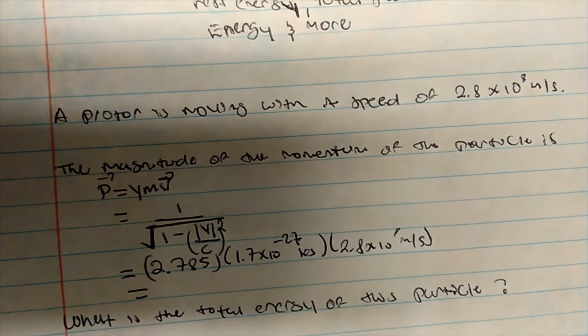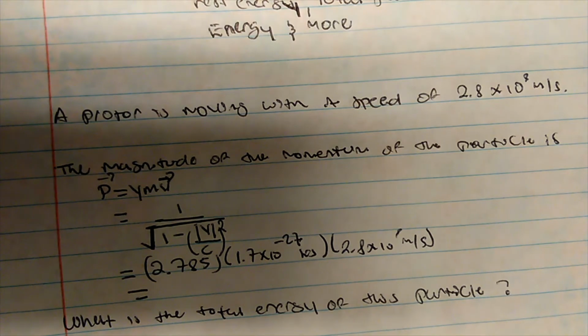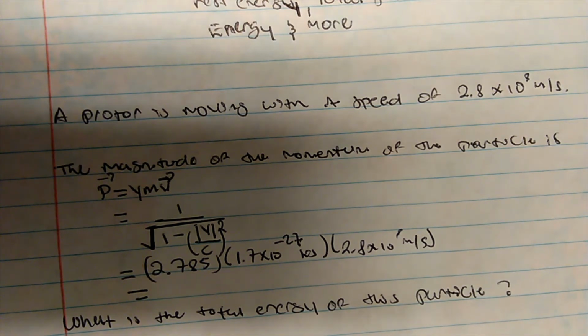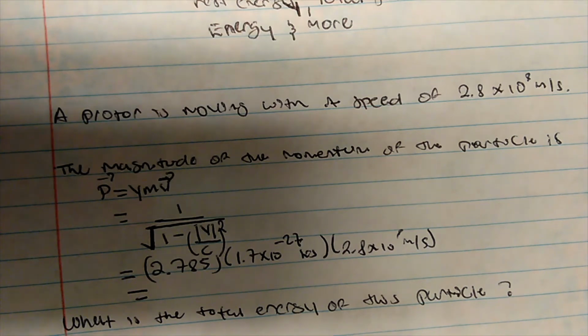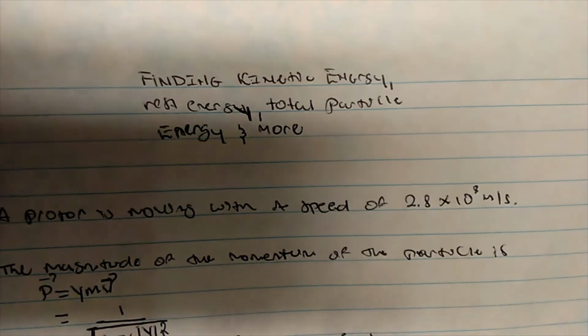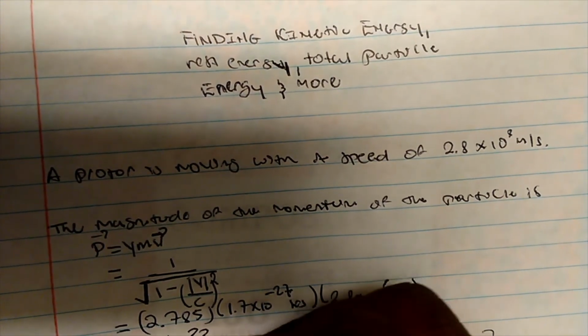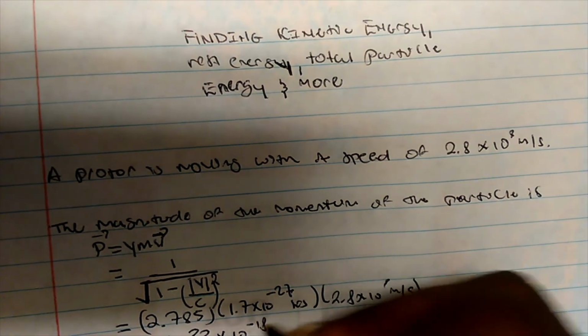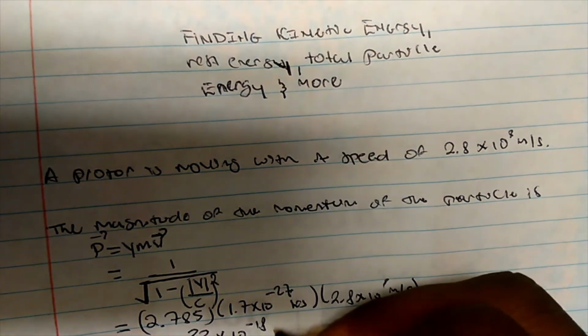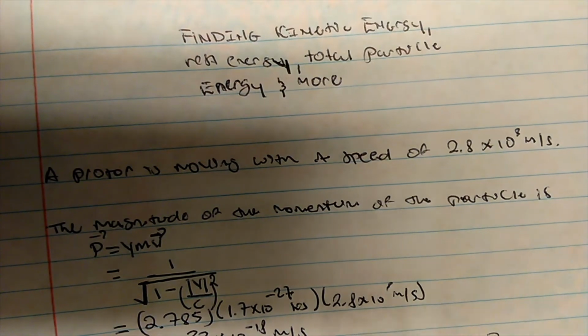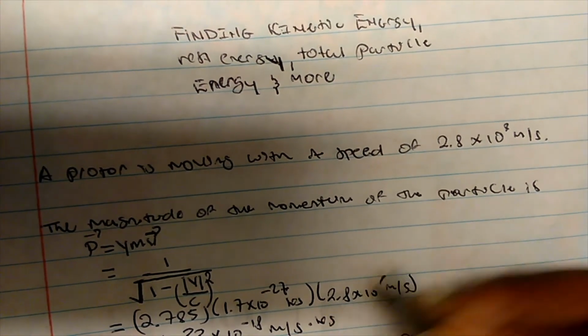Plugging all those in, 2.785 times 1.7 times 10 to the negative 27 times 2.8 times 10 to the 8, I should get approximately 1.33 times 10 to the negative 18 kilogram meters per second, the magnitude of momentum.